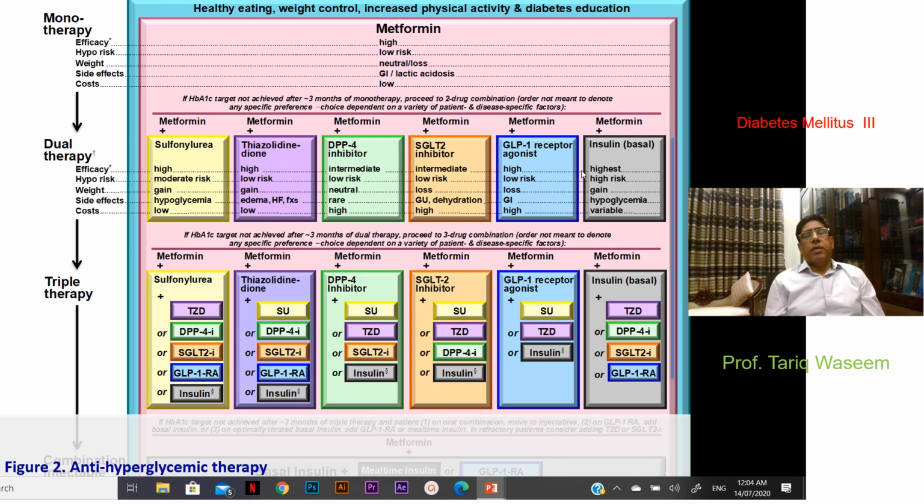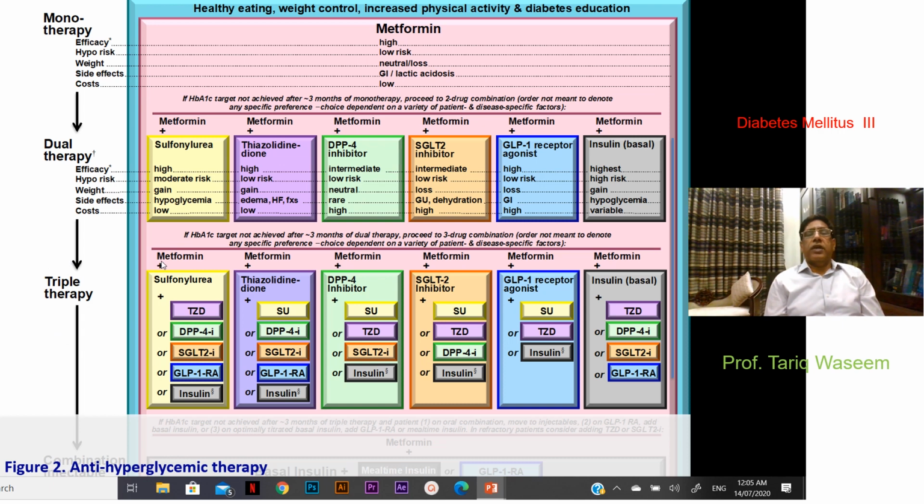Maybe you roughly take a period of another 3 months, and if with the dual therapy or two agents the glycemic control is still not achieved, then you can go for adding another agent to it, or maybe adding on to triple therapy.